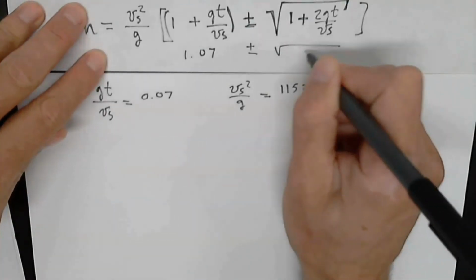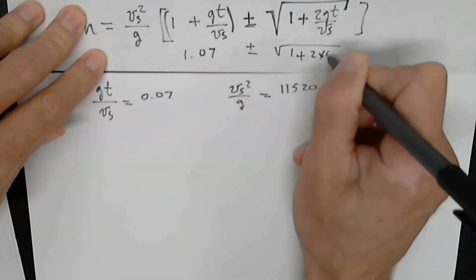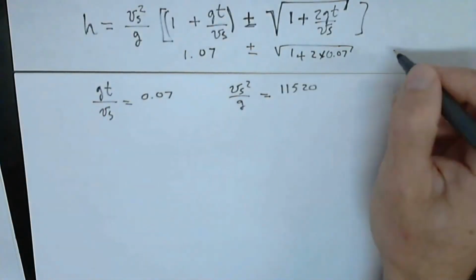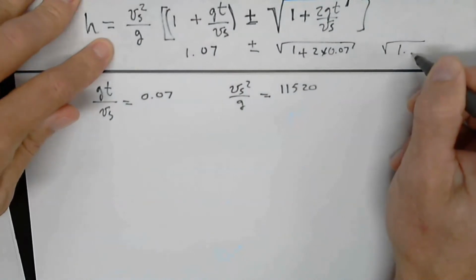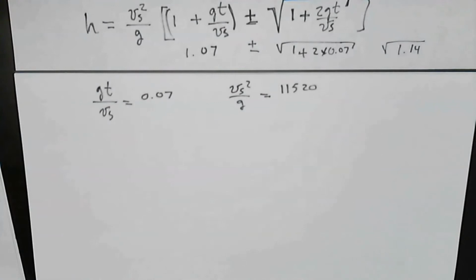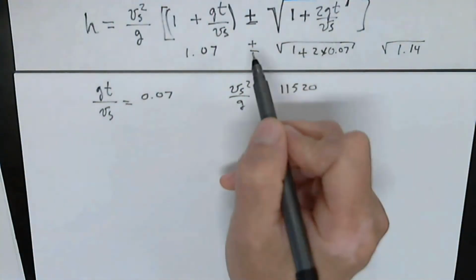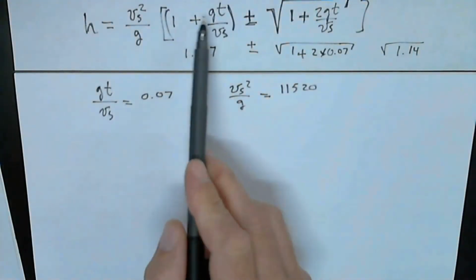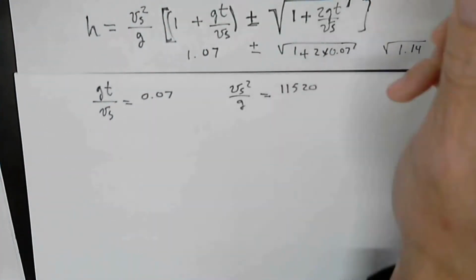So square root of 1.1 plus 2 times 0.07, that is square root of 1.14. And that gives a number that is extremely close to this. So if you use the plus sign, this bracket over here is about 2.